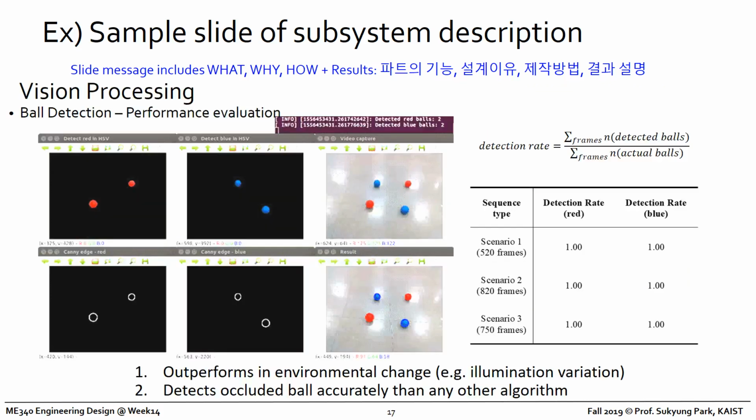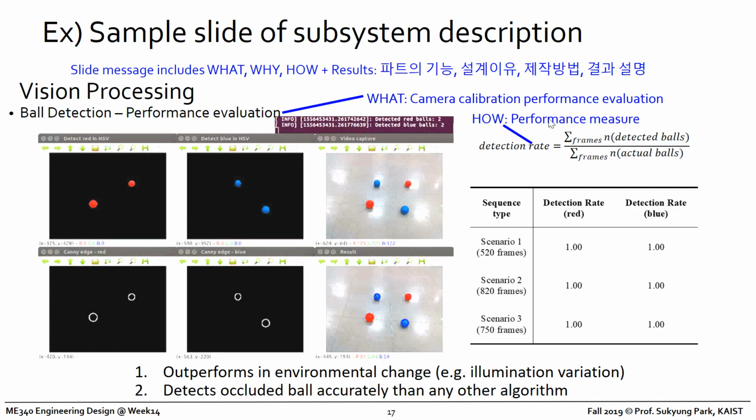This is another example for the vision processing, and it says performance evaluation. Oh, okay, so other than just saying that we apply this algorithm, they actually evaluate their performance quantitatively. So this is the what part, and then the how part is maybe this one. This one is about how the evaluation index can be calculated.